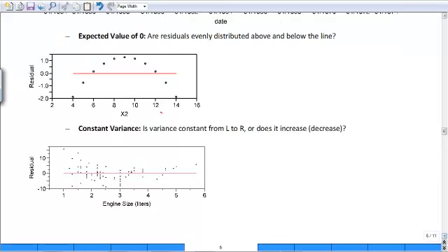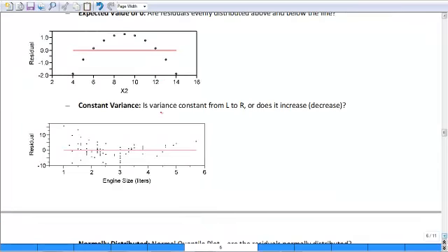Third assumption, the variance is constant. As we move from left to right, does the variance increase? Does it decrease? Does it remain constant? We need to see constant variance. Taking a look at this set of residuals, we've got a great deal of variance in this range. And as we move from left to right here, the variance seems to decrease. In other words, the residuals approach the horizontal line.